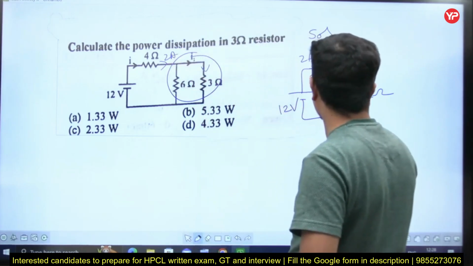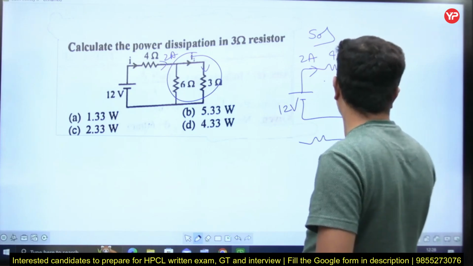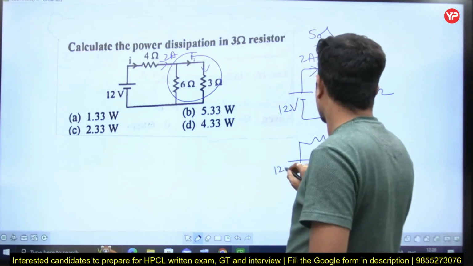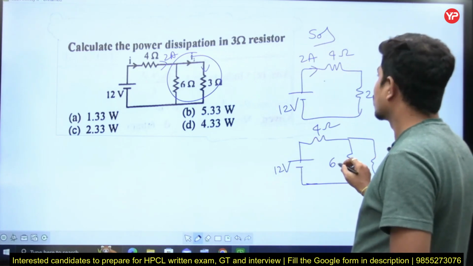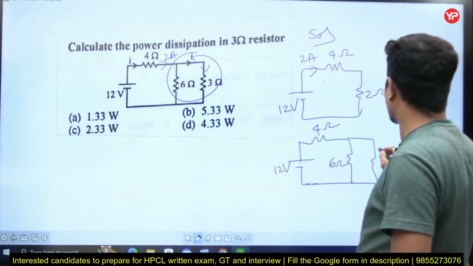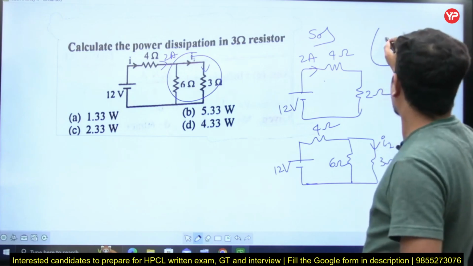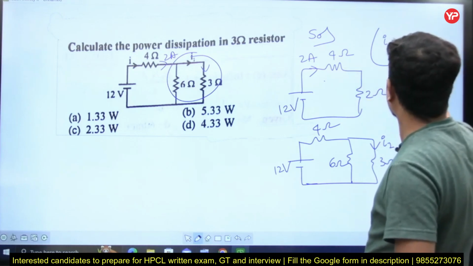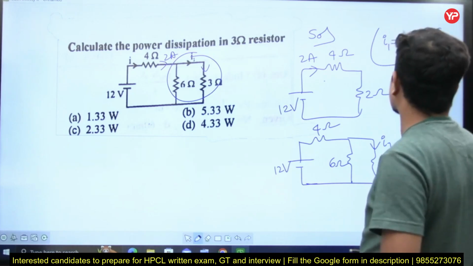I'm going to get I1. Now I redraw the circuit: 4 ohms, 6 ohm and 3 ohm. This is 12 volts, this is 4 ohms, this is 6 ohms, this is 3 ohms and this is I1. I1 is equal to, see, what current division am I applying? 2 amperes into opposite resistance by total resistance.